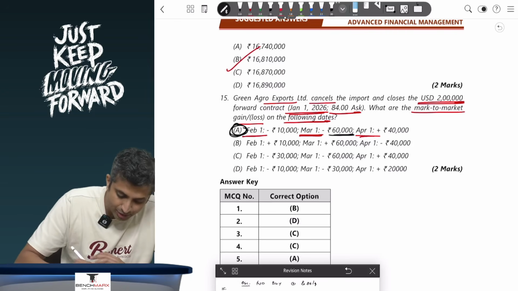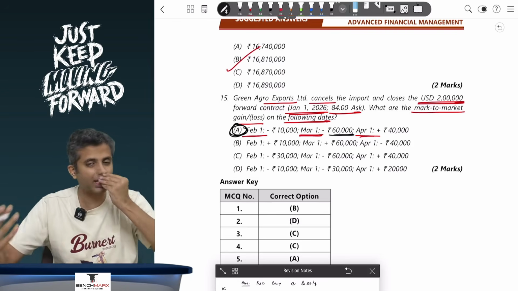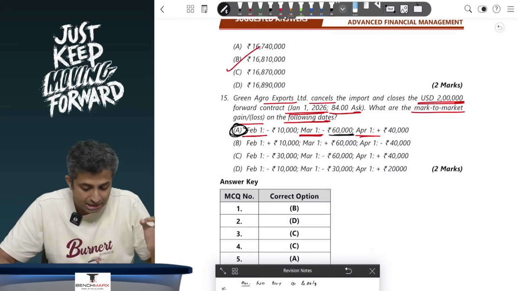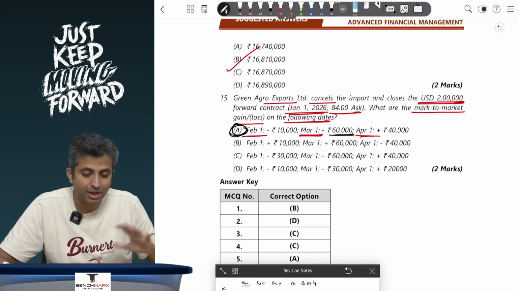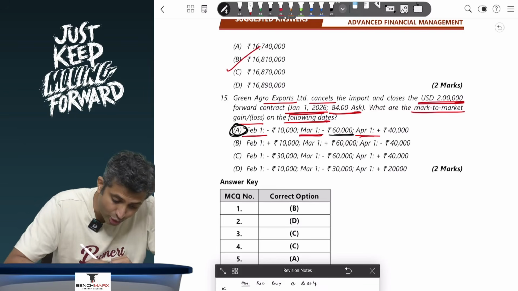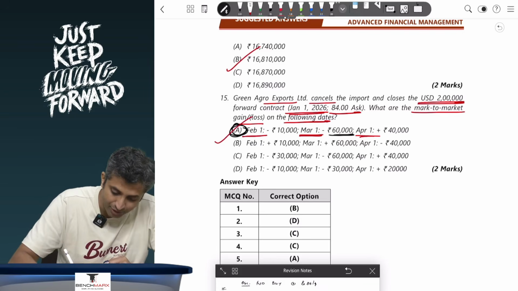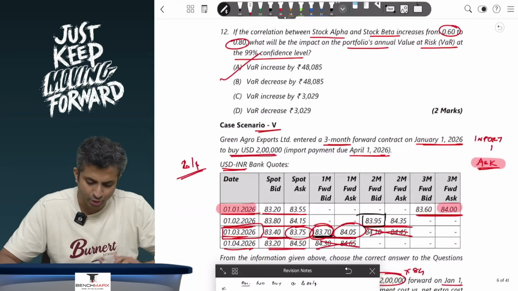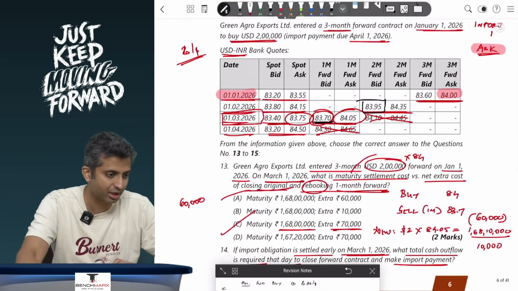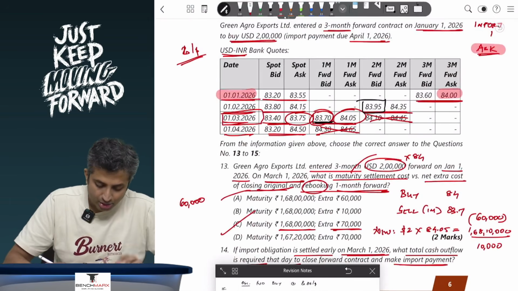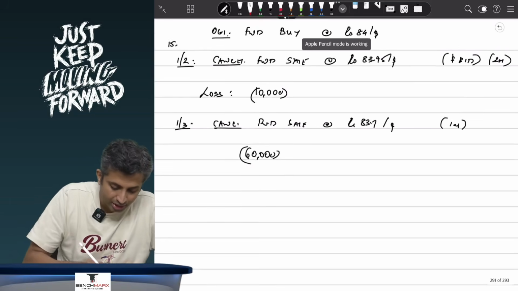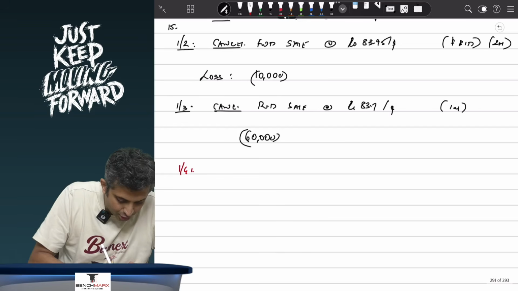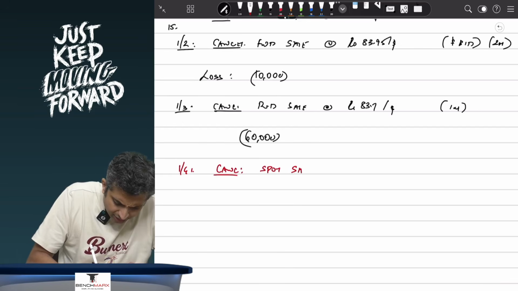Now, ideally, which means even if I don't see anything for April, my answer should be A, because that is the only place where my Feb and March gains are reconciling, and hence the institute has also taken A. But if I actually sit to find the April answer, I don't know how that April answer is coming. It is not calculated in a proper way. So if I look at April, for example, the cancellation over here should be at the offsetting spot rate. So if I look at 1st April, though this is extra, your cancellation should ideally be at the spot sale rate.